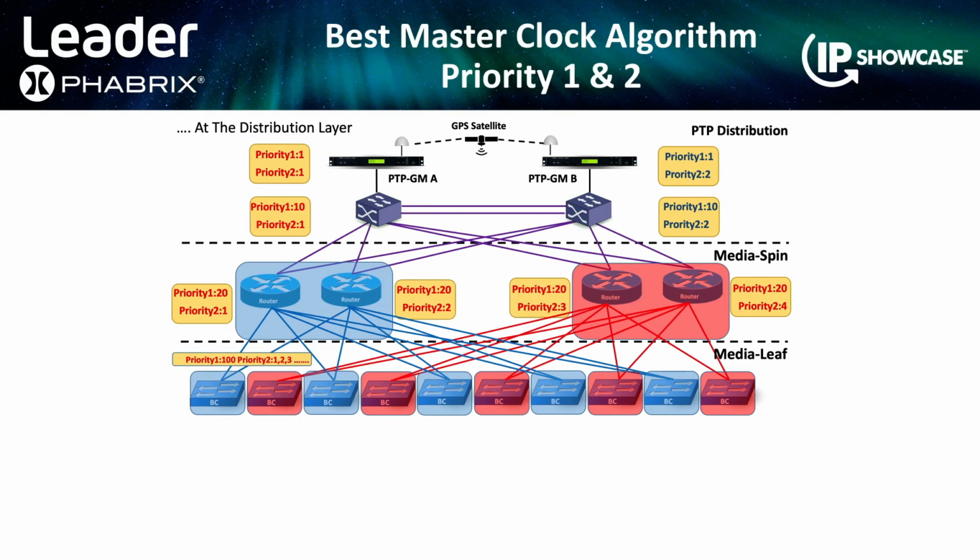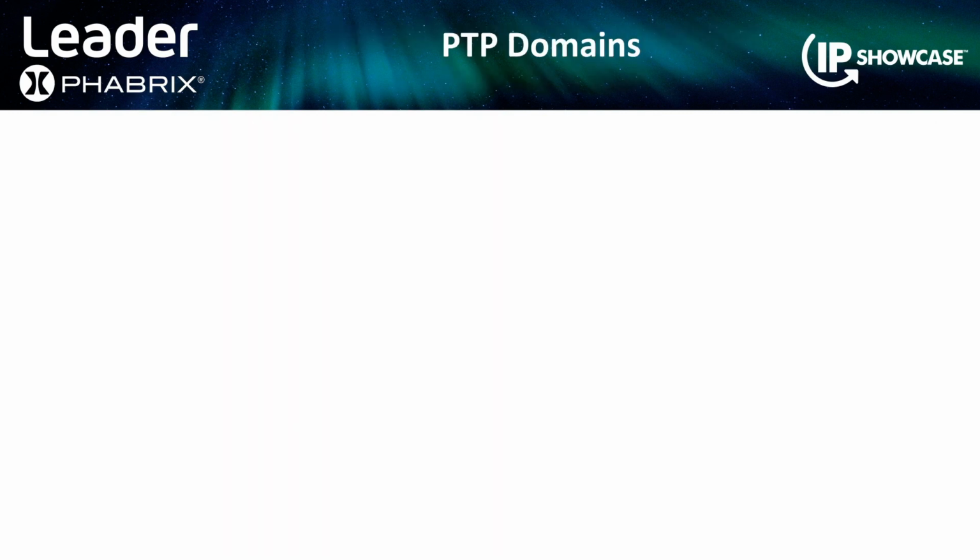Then the switches that sit on the distribution layer, make them clock class 10. Then when you move down to the media spine, you make them 20. And finally, when you get down to the leaf, you make them 100. That way, you're using Priority 1 to control how the failover takes place.